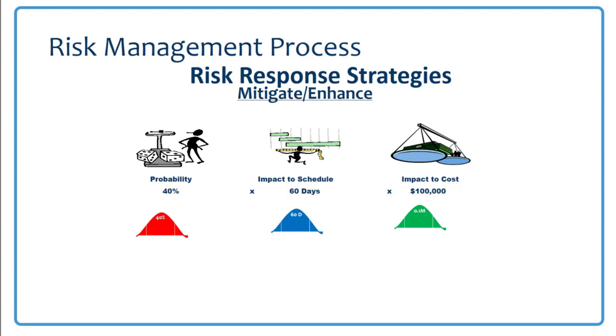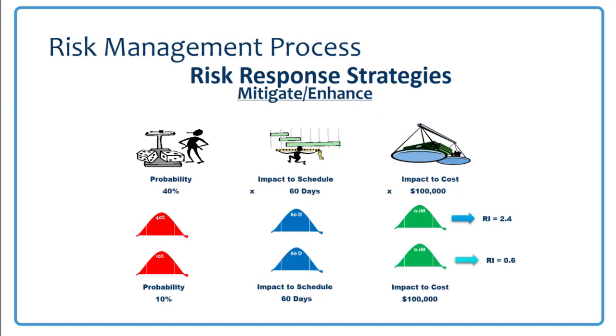In this case, we're again looking at that risk. In this case, it was a threat. Probability of occurring 40%. The impact of the schedule was 60 days, and the impact of the cost was $100,000. Now, if you take mitigation as your strategy, you may have to do something, and it may cost $10,000 of additional work that you do ahead of time or in preparation of the risk event happening.